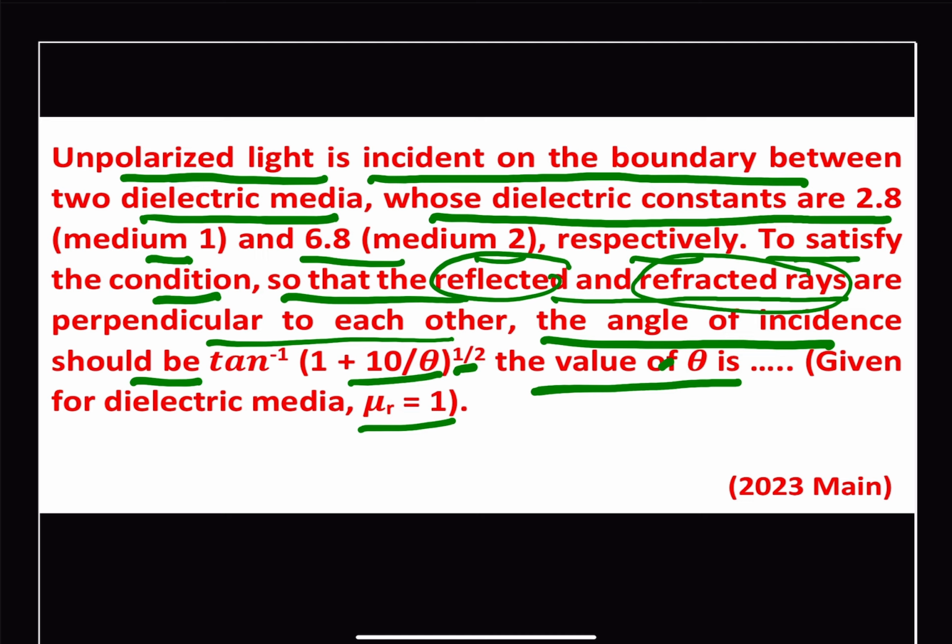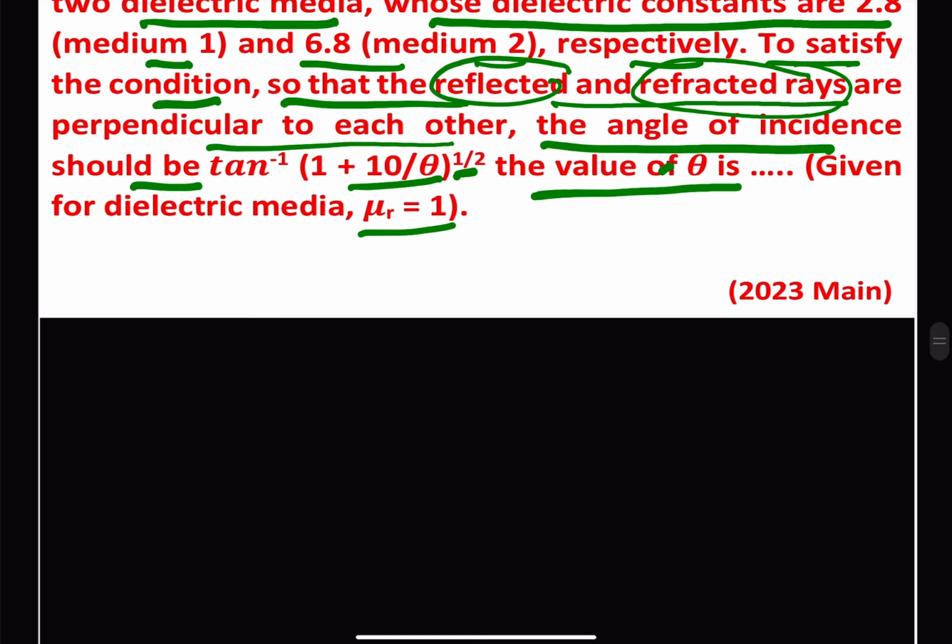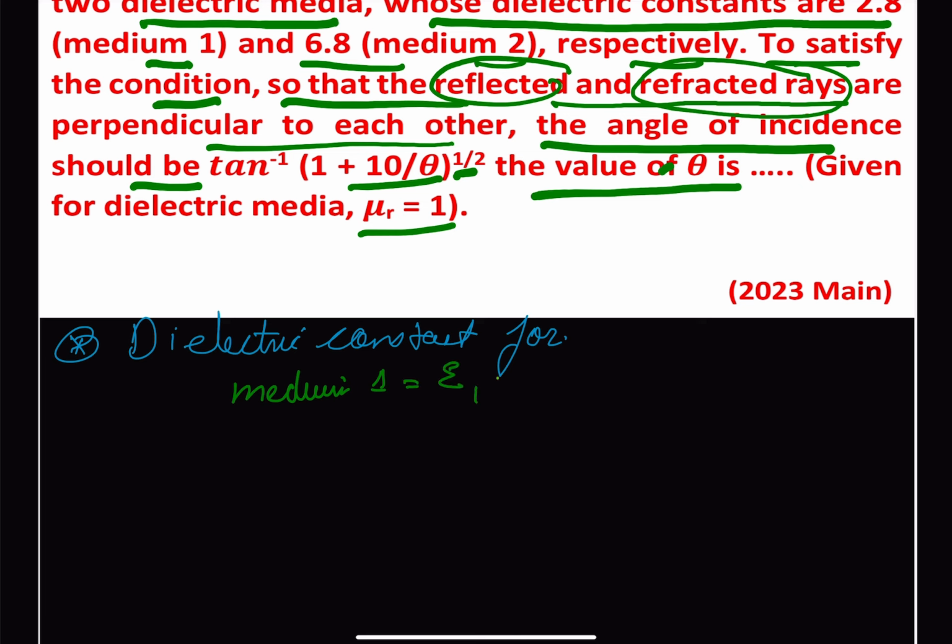So we are given dielectric constant of medium 1. Let us suppose that is given epsilon 1, which is our 2.8, and we have medium 2. Let us suppose this is epsilon 2, which is given as 6.8.